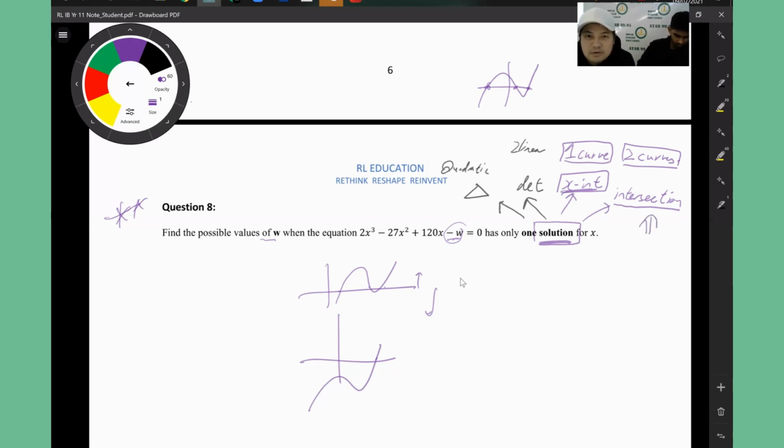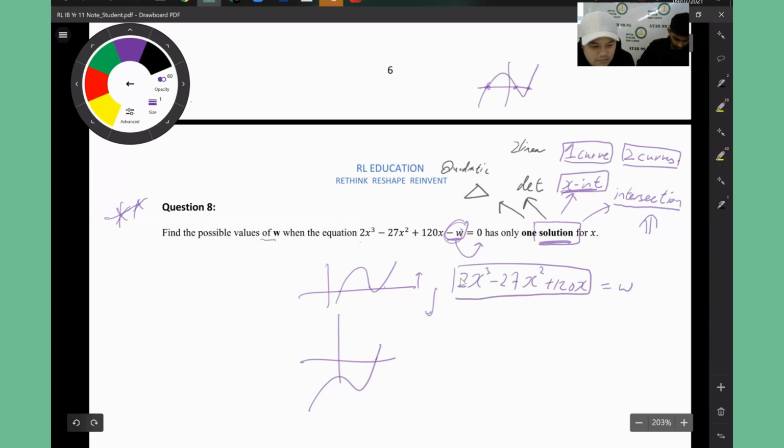So how do I do 2 curves? Make this to the other side. I treat that as 2x cubed minus 27x squared plus 120x equals W. I treat this as one single curve, and I treat W as another curve.